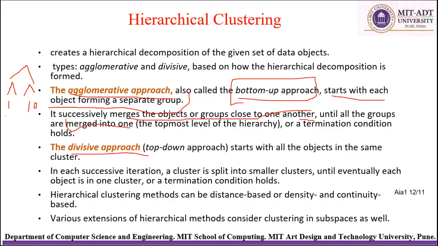So this merging process goes on, and at the topmost level of this hierarchy we'll have the finalized clusters. We continue this process until a certain termination condition occurs, or we do not obtain any changes in the clusters. So this is how agglomerative clustering works.